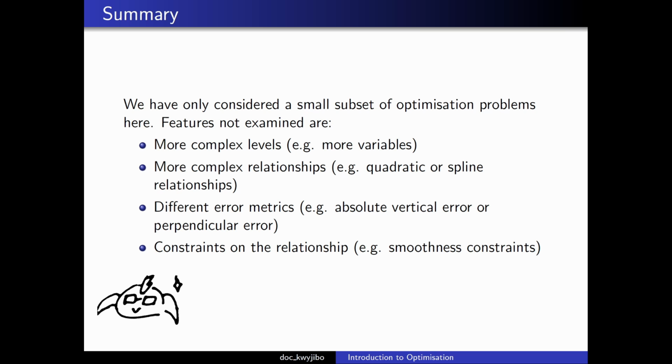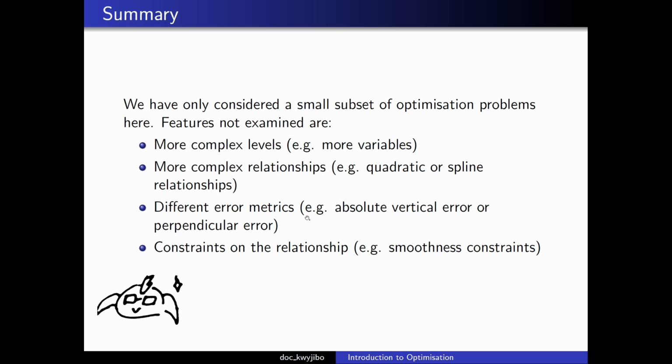There are many other human measurements that you could take to relate them. We haven't even looked at that. You could have more complex relationships. So we only looked at linear, so a straight line. It could be quadratic, or a spline, or anything else. We haven't even touched on them. We didn't even talk about them as an option.